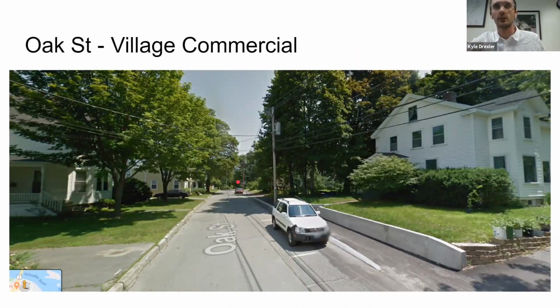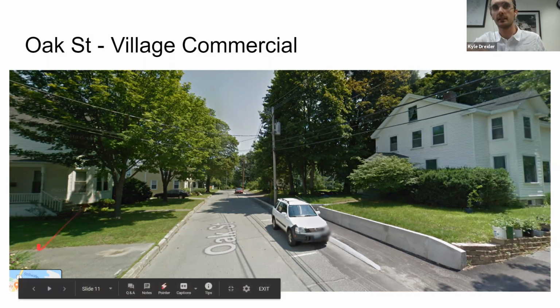So this is just kind of a more on the street view, Oak Street. This is existing village commercial. So a lot of people, they stand on Mill Street next to the shops and the parking lot. It's easy to see that, yes, that's the downtown commercial district, but this is right next to that, also in the village commercial.